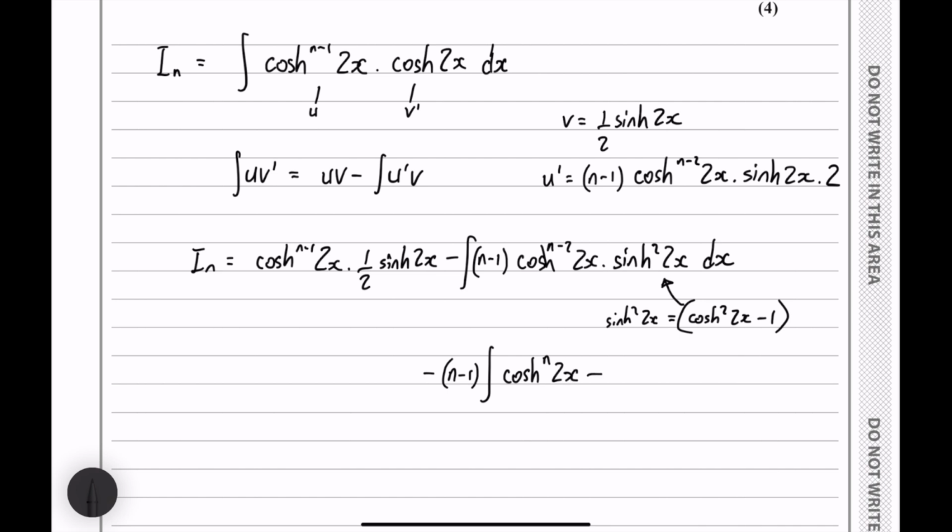And then we get minus 1 times, so we just get cosh n minus 2 2x dx again. And all this stuff is still on the front.